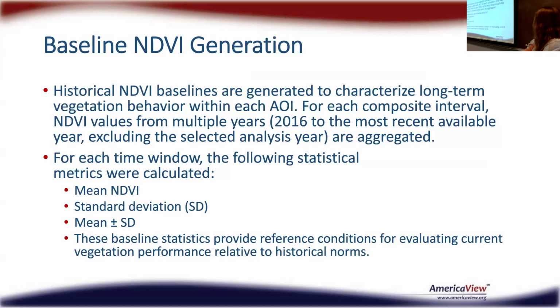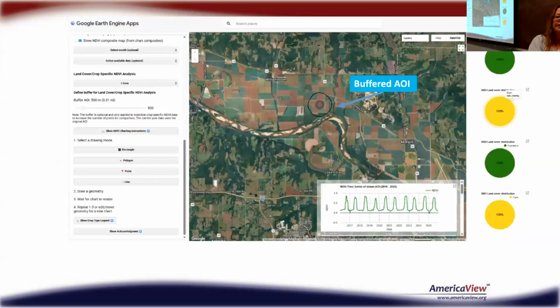So it looks at multiple years, and they're aggregated, leaving out the selected year of analysis. And what we get is the mean NDVI and then standard deviations, and the mean plus or minus standard deviation. They provide reference conditions for evaluating the current vegetation performance relative to those historical norms.